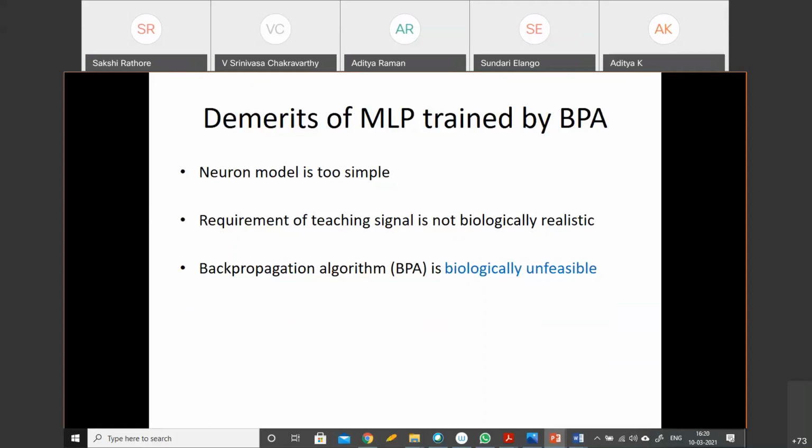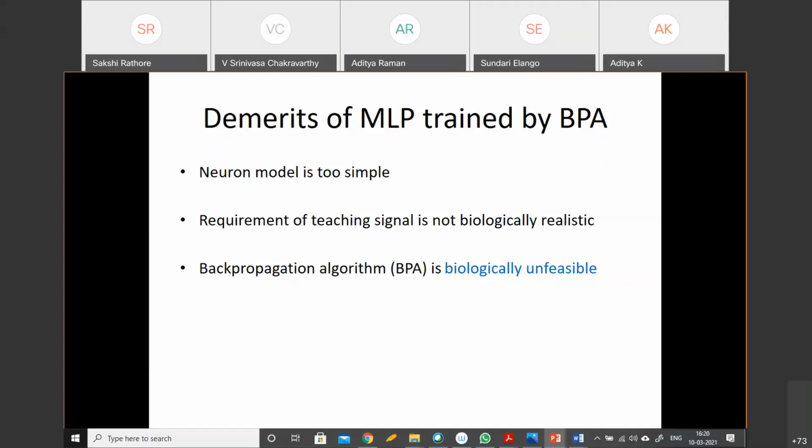And the algorithm itself is biologically unfeasible. Mathematically it is elegant, but biologically speaking, when you compare your network output with the target output, you get an error signal, and that error signal is backpropagated from the output all the way to the input. Let us say there are 20 hidden layers.